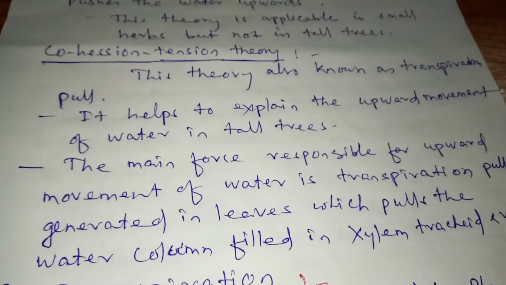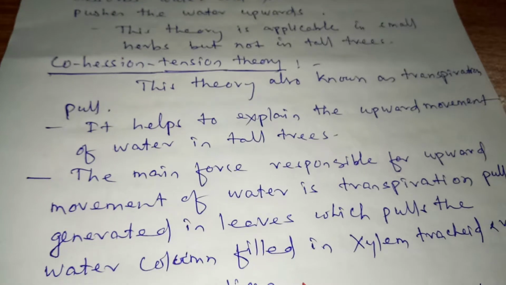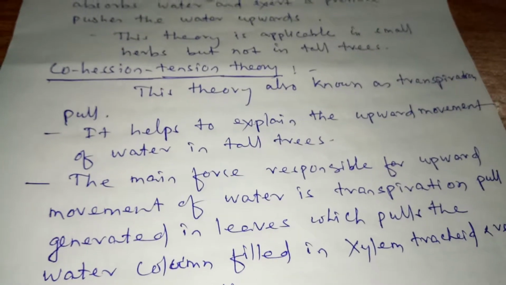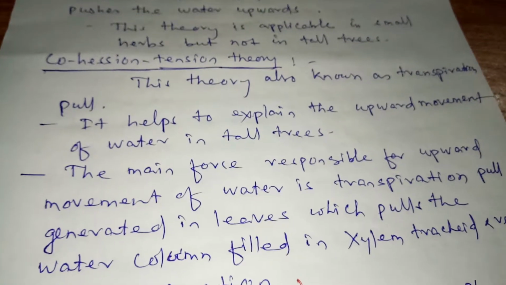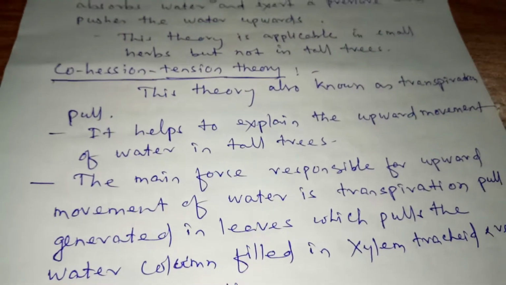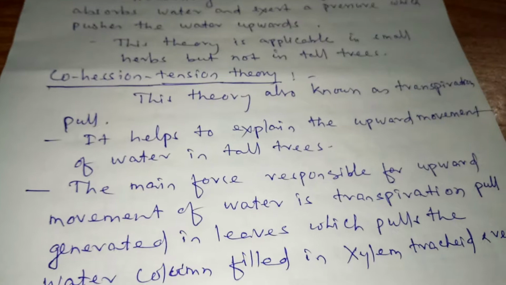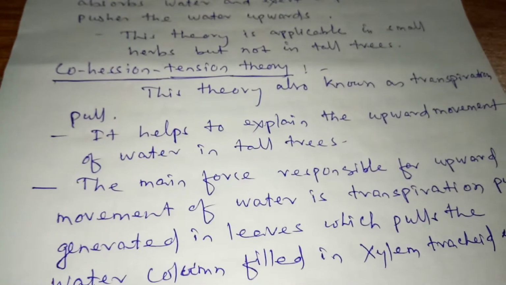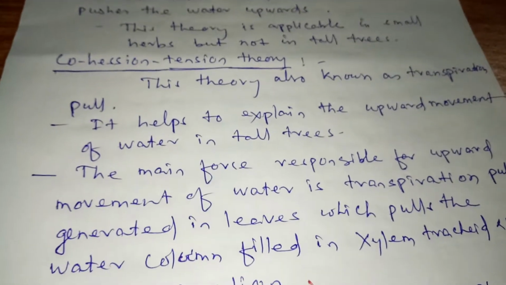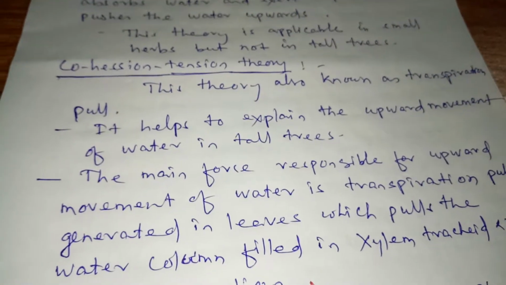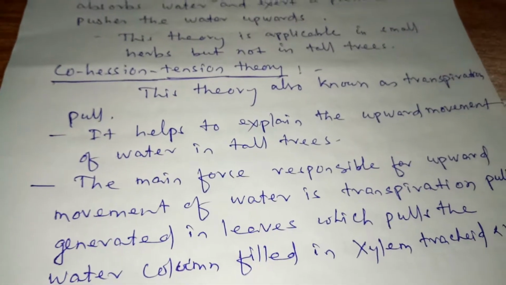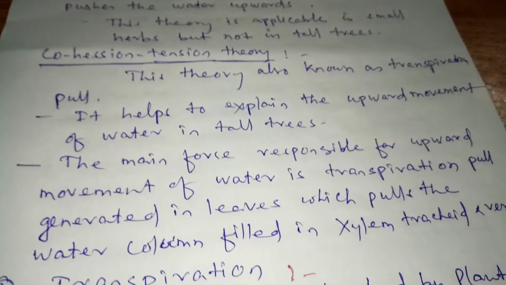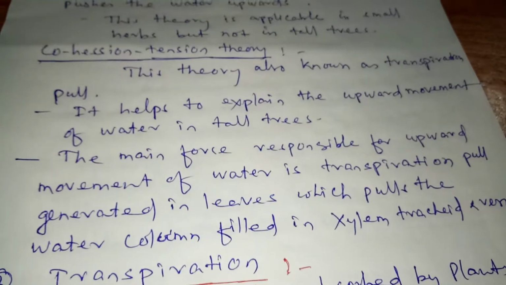When we drink any soft drink through a straw, we exert a suction pressure at the tip of the straw that helps to move up the fluid column present inside the bottle. In this way, the fluid column present in the xylem moves up by the transpiration pull.